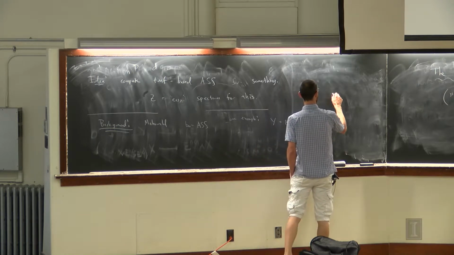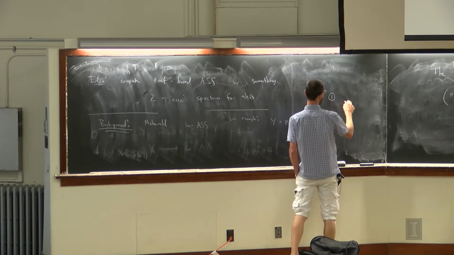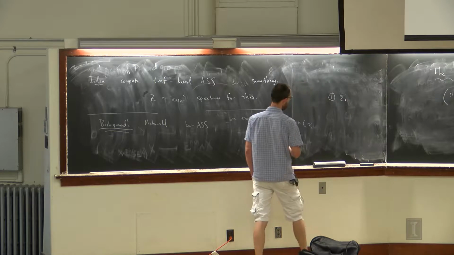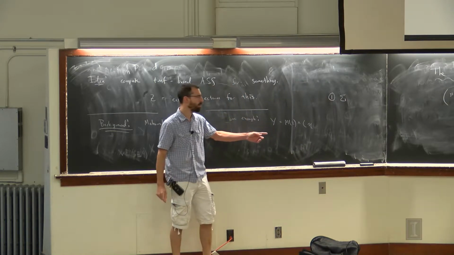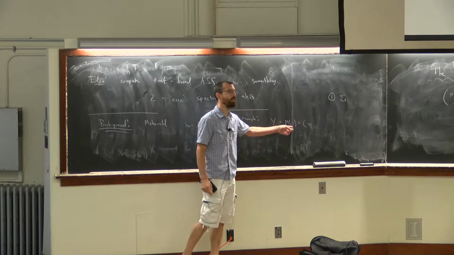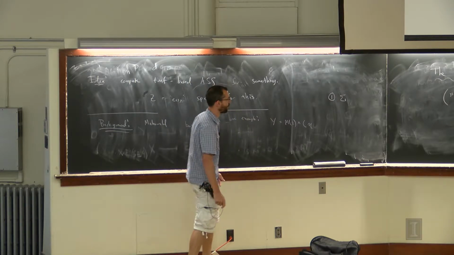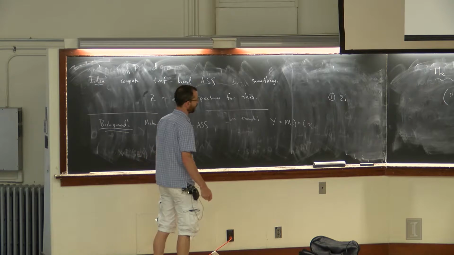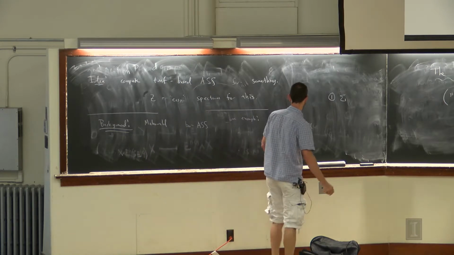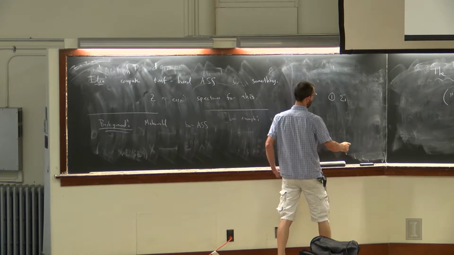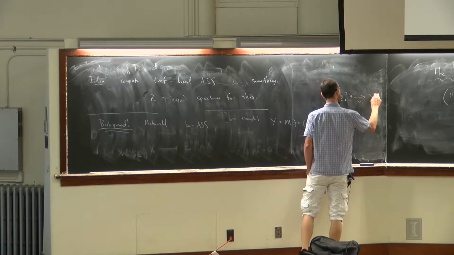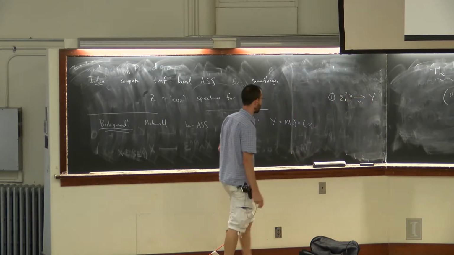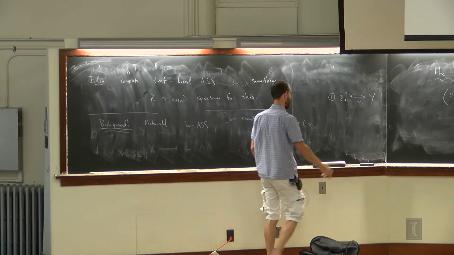The first thing is that Y is a type 1 spectrum. If you know something about v1-periodic homotopy, you know that the mod 2 Moore spectrum only has a v1 to the 4th self-map, reflecting the 8-fold Bott periodicity. But this spectrum Y has a v1 to the 1 self-map. So it's type 1.